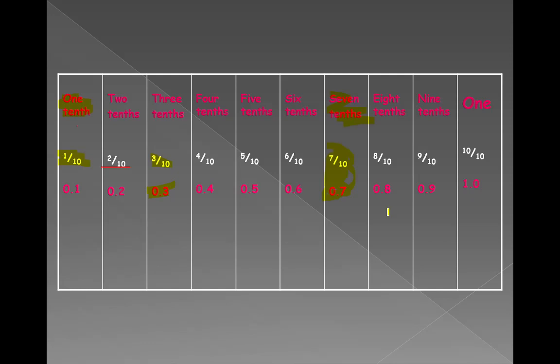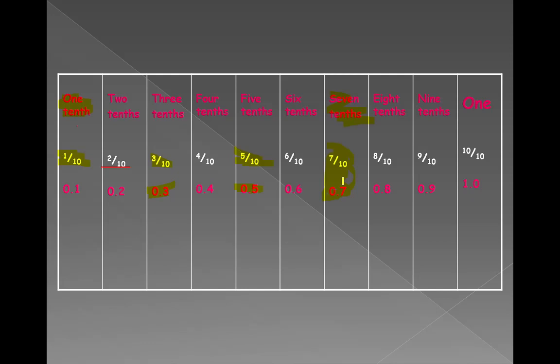Exactly. 0.5 is 5/10. Easy peasy, right? So, can you pause the video now, and on page 99, can you do exercise 1? So just pause the video and quickly fill that in. In that exercise, you have to change tenths into decimals.